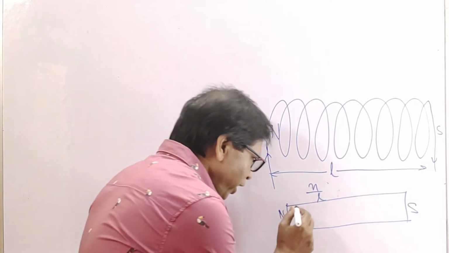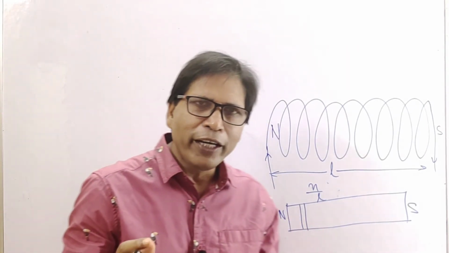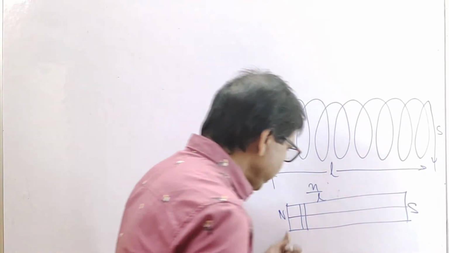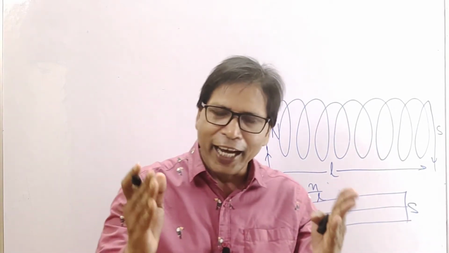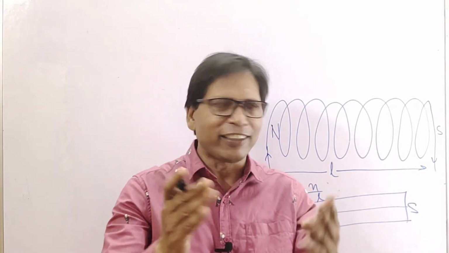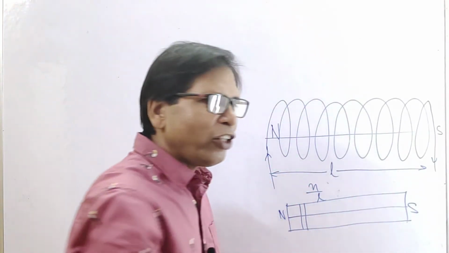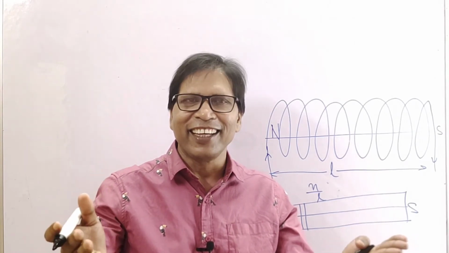In the same way, each section of the permanent magnet also behaves as a sheet magnet. The magnetic field inside the magnet is directed along its axis. In the same way, the magnetic field inside the solenoid is also directed along the axis.